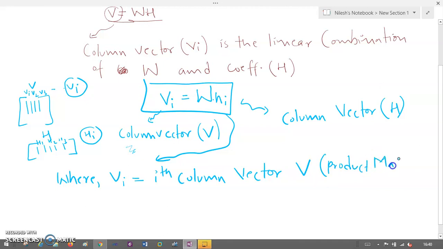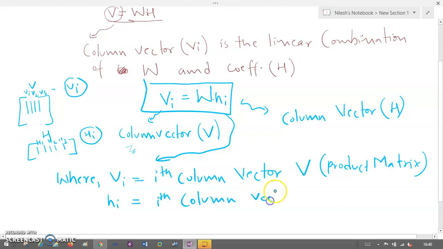We already know that it is coming from W cross H. And small h of I is nothing but the ith column vector of matrix H.